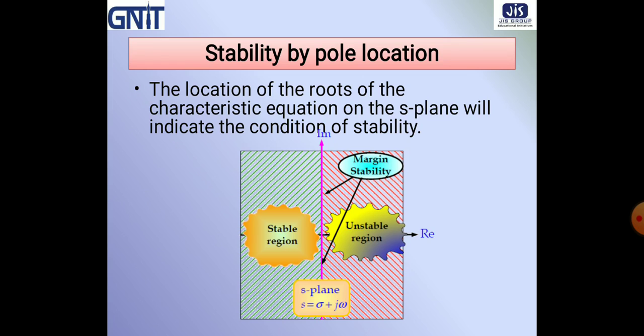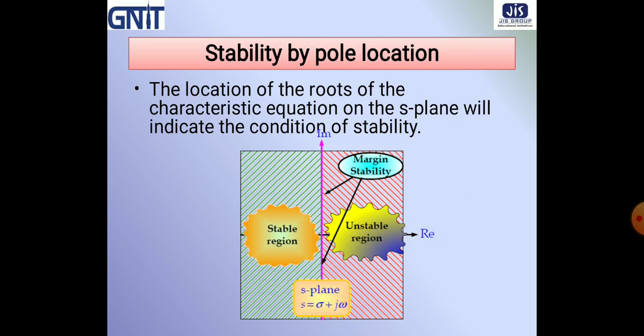The location of the roots of the characteristic equation on the S plane indicates the condition of stability. That means if the poles are present in the negative real axis, this green zone, then the system will be stable. And if the poles are present in the positive real axis, then the system will be unstable.